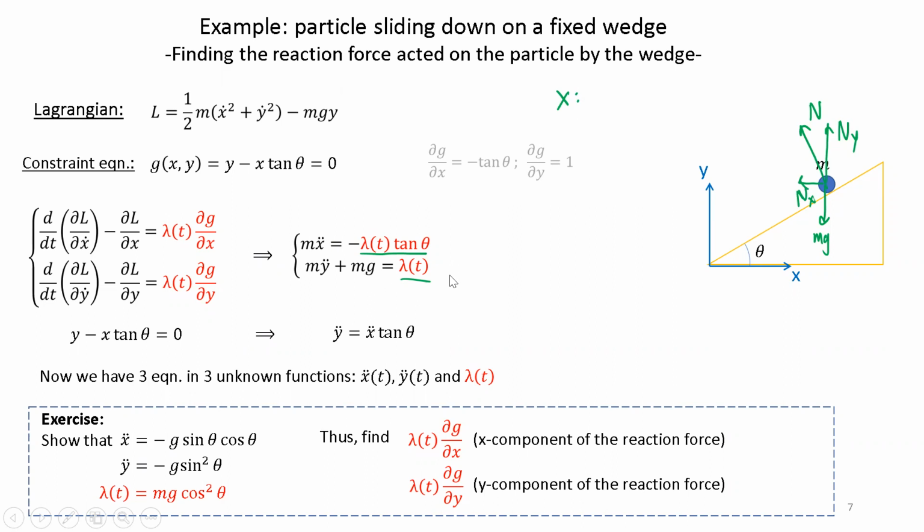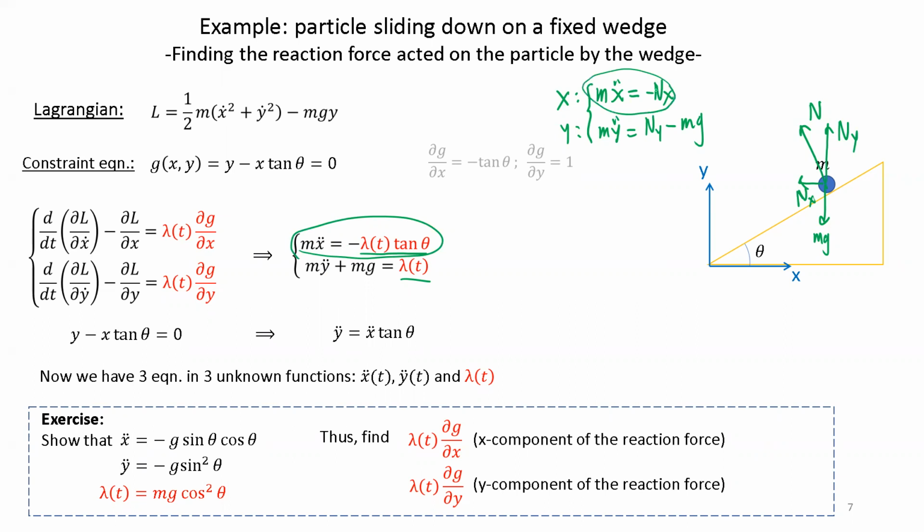So let's do this. mx double dot would be equal to this one. And then in the y direction, my double dot will be equal to ny minus mg. Now compare this equation with this equation.